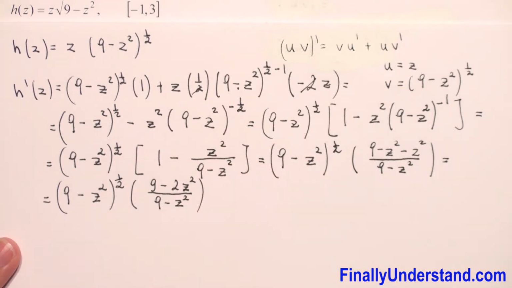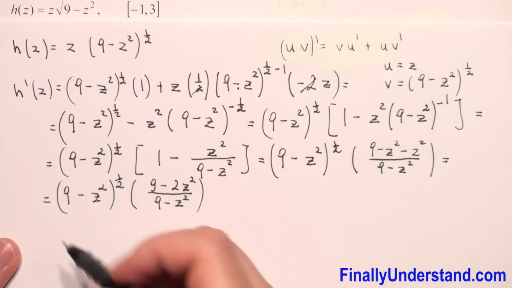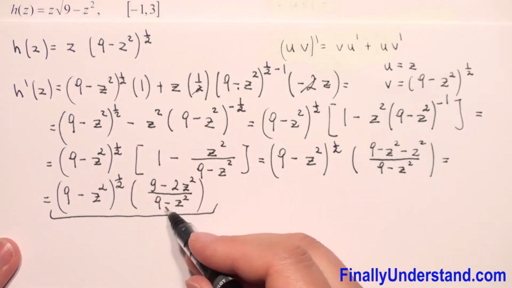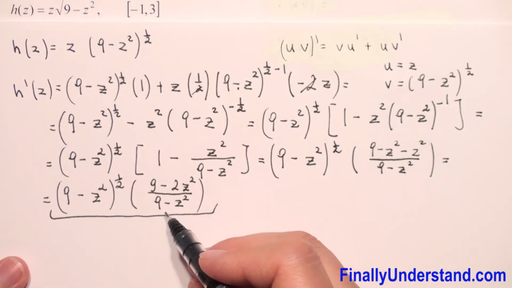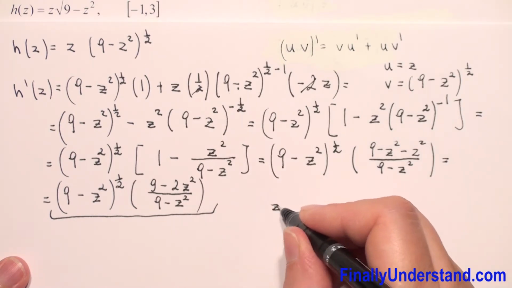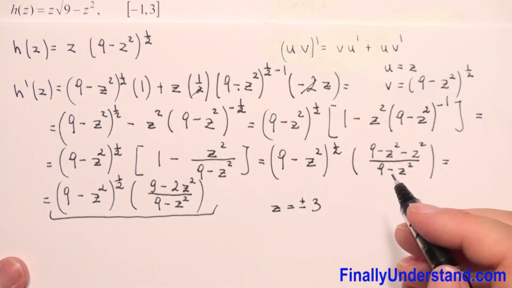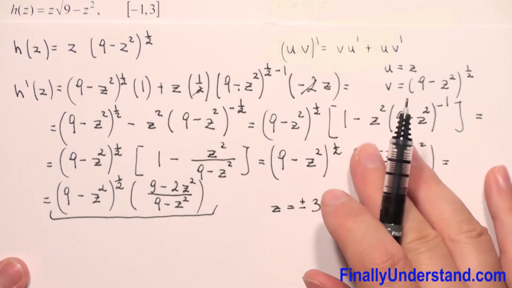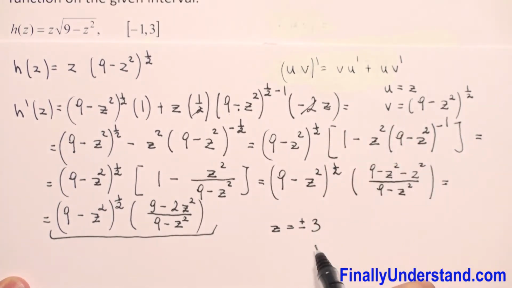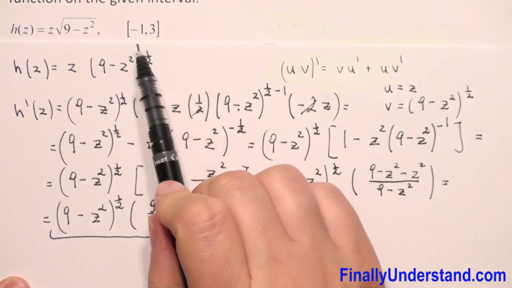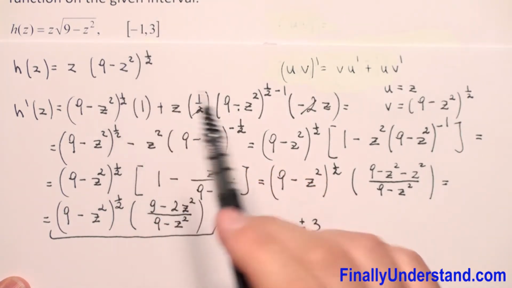So first, to find critical points, we will check the domain of our first derivative. Because we have a fraction, we have to check the denominator. The denominator will be equal to 0 for z equals positive or negative 3. But we see that negative 3 doesn't belong to our domain.